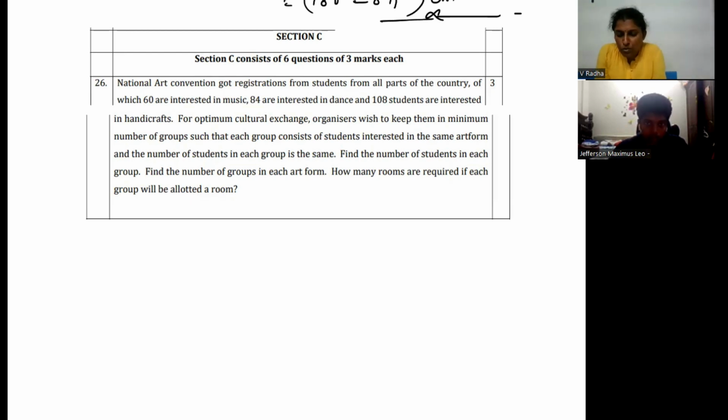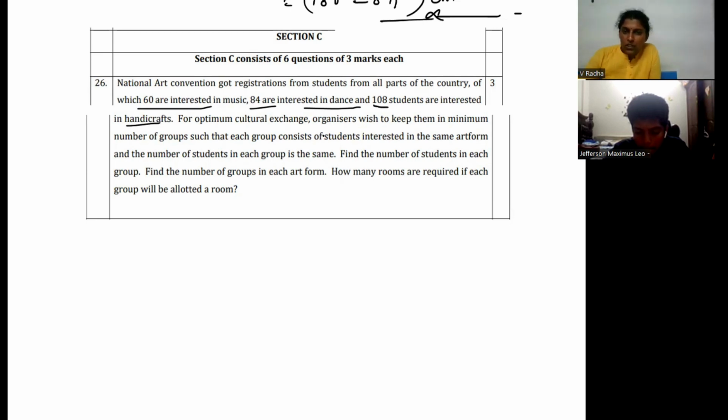Number of students in each group. A national art convention got registrations from students from all the parts of the country. So for music 60, for dance 84 and handicrafts 108.